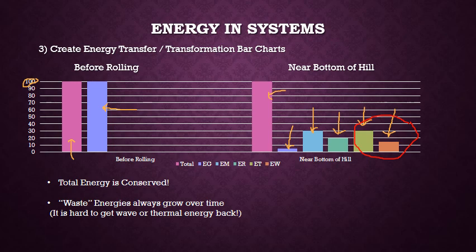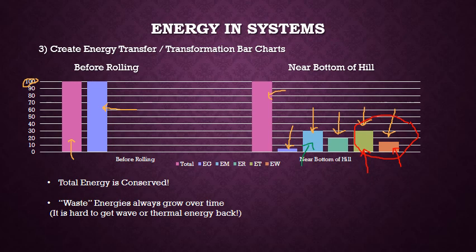You're trying to maximize your energy. And in that process, one of the things you should think about is, how could I minimize these waste energies? So if I wanted that ball to roll faster down the hill, what could I do to make these two energies as small as possible so that the other energies that I really want could be bigger?